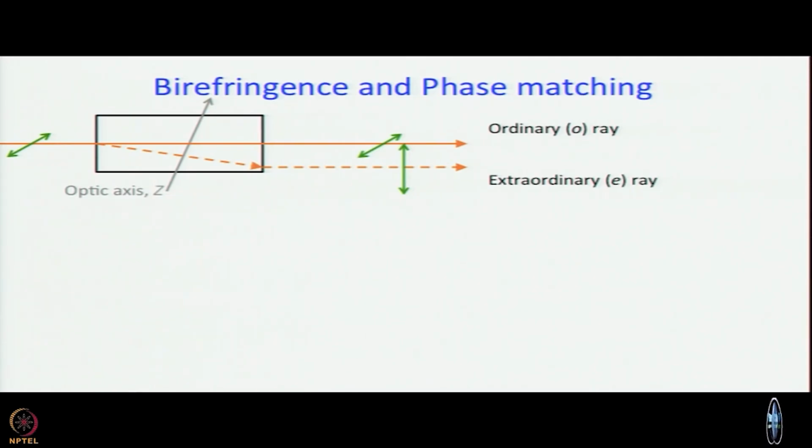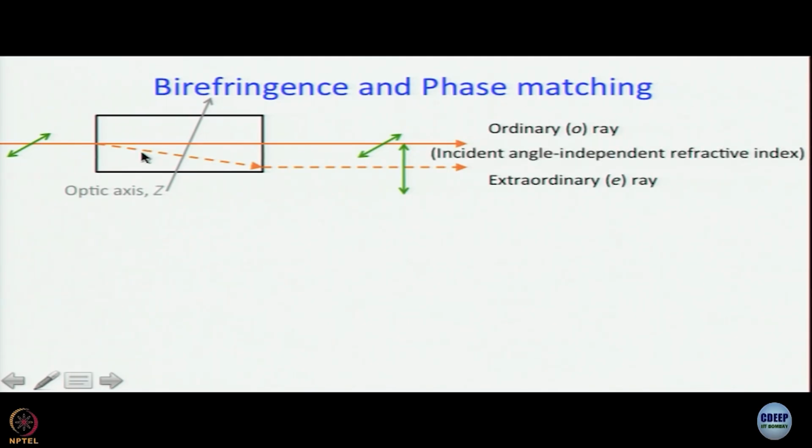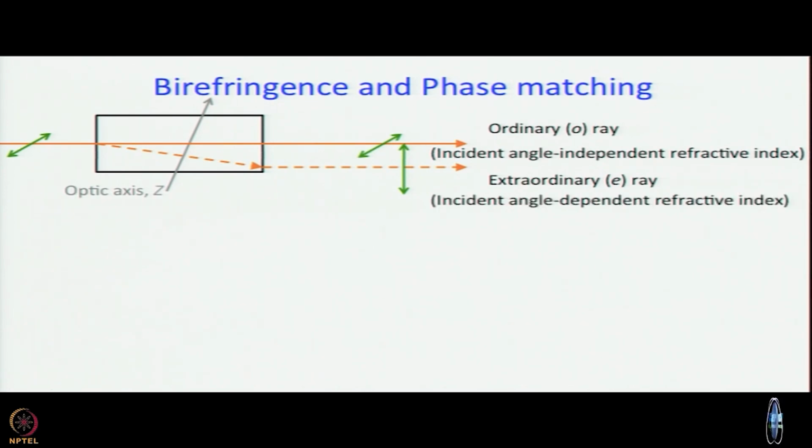And then the most important thing is that for the ordinary ray, the refractive index of the material, please understand, throughout is the same no matter what the angle of incidence is. However, for the extraordinary ray, refractive index depends on the angle of incidence.